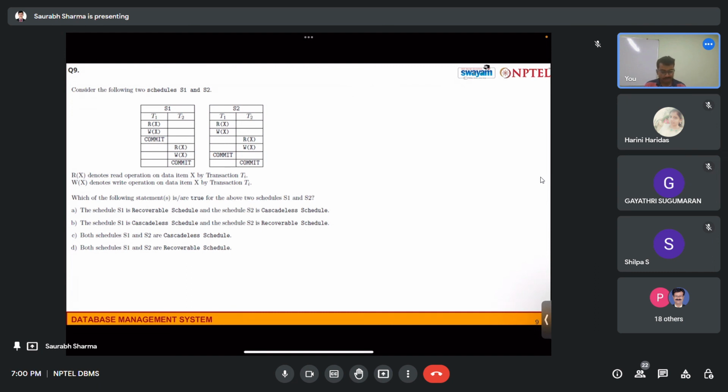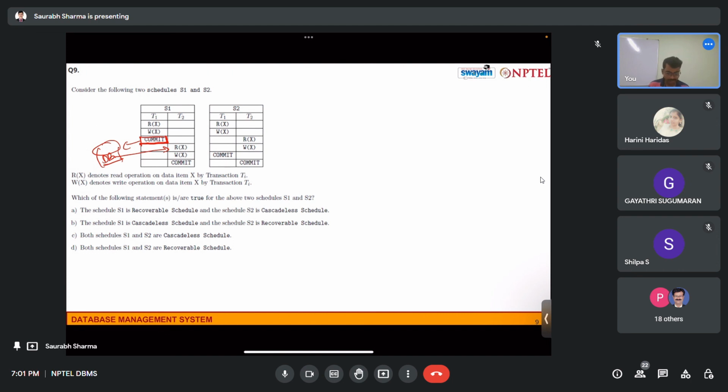So if we see S1, we can easily comment that after writing the value of T1, it is committing, meaning it is now permanently storing the value to the database, and then this value is retrieved by T2. So that is the proper way to tell that it is cascadeless. So S1 is cascadeless for sure, but in case of S2, is it cascadeless?